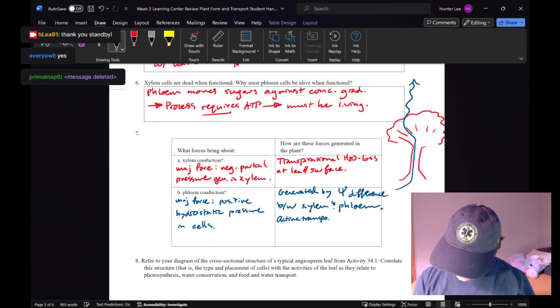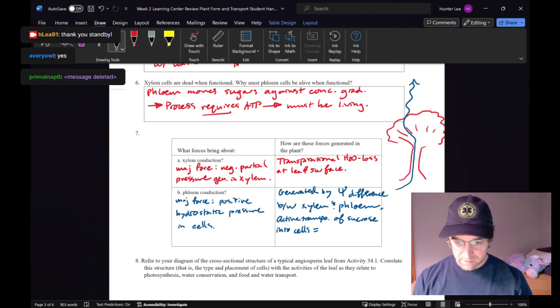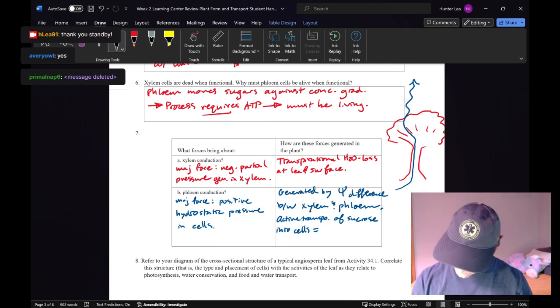Active transport of sucrose into cells results in a lower water potential inside the cell of the phloem, which pulls water from xylem into phloem.